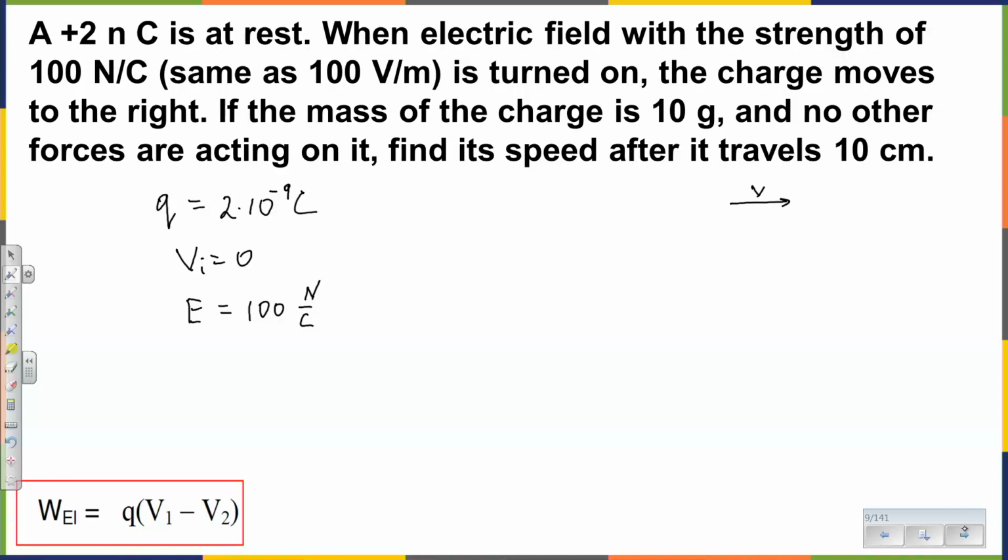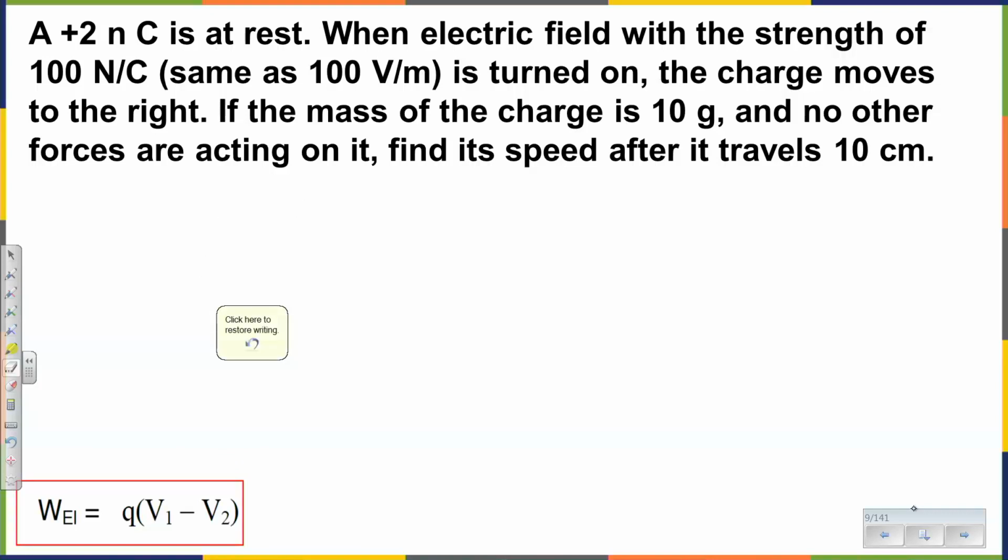Velocity points to the right. Velocity. Mass. Distance. 10 centimeters. Oops, come back.